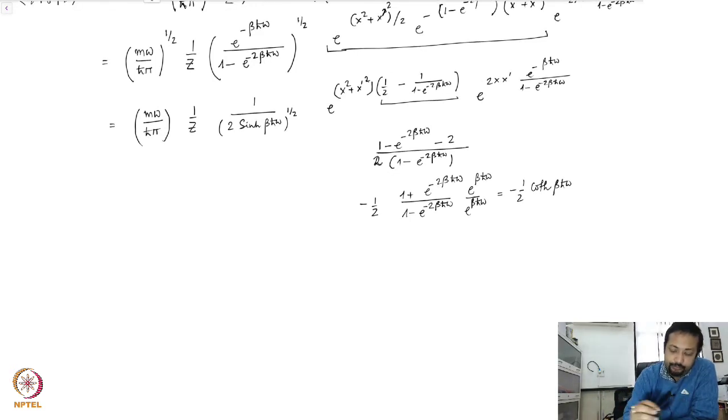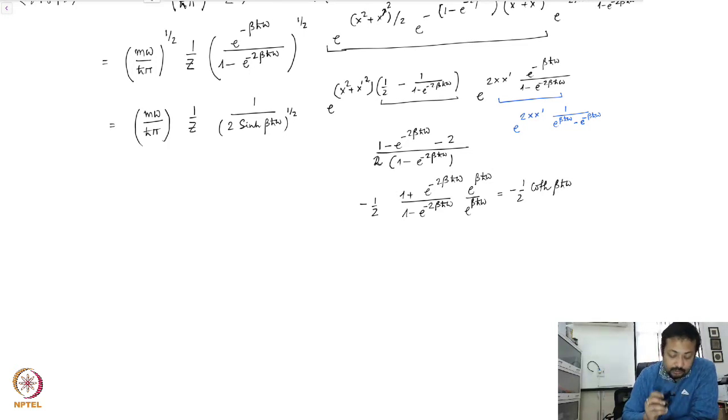The coefficient of this is going to be twice x prime. We will keep it like this: e to the power beta h bar omega minus e to the power minus beta h bar omega. In fact, this is just going to be sine hyperbolic.